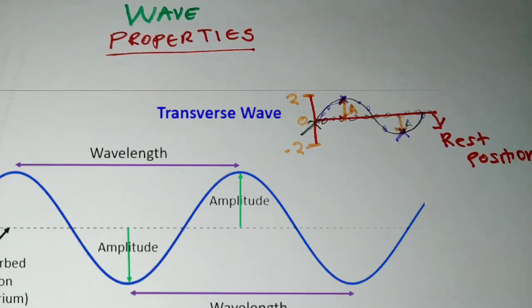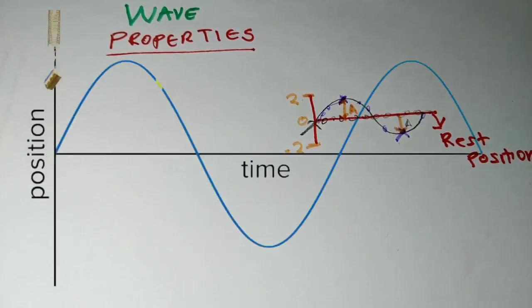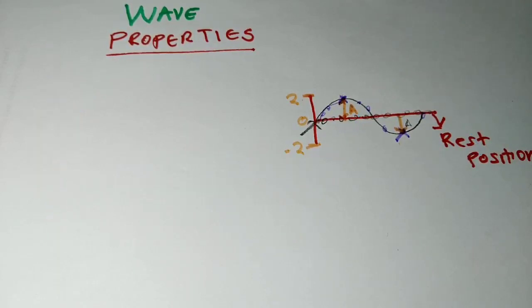Then they begin to vibrate. Here is another diagram showing the particle as it's moving. It reaches the highest point. The distance from that highest point to the rest position is the amplitude. That's pretty much all we can say about the amplitude.